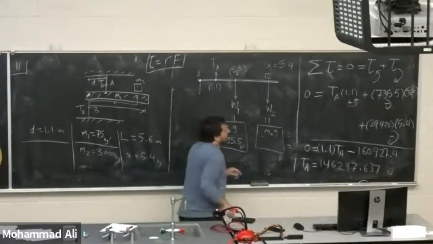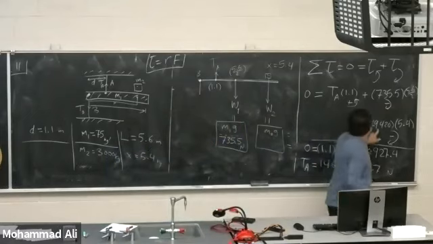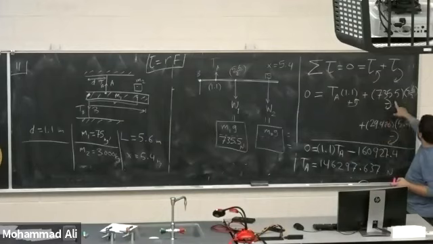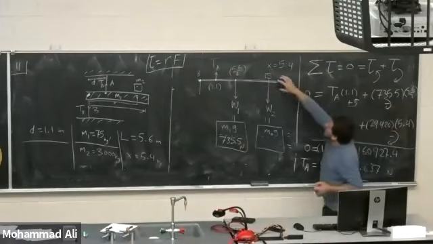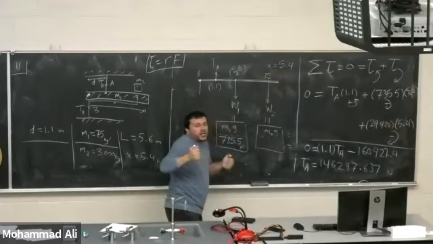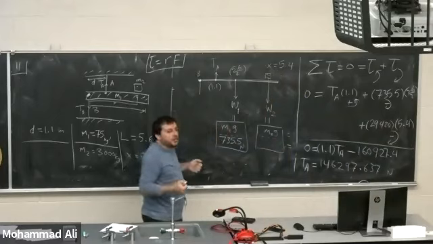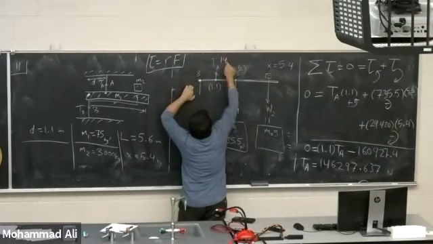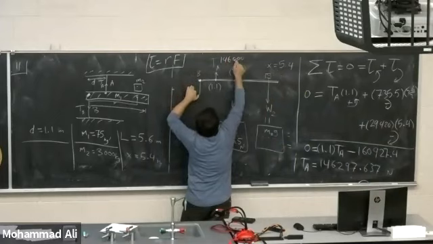Now look, the weight of the object we lift is 29,000. The weight of this object is 29,000. But the strain or the tension on this string is 146,000 and more.